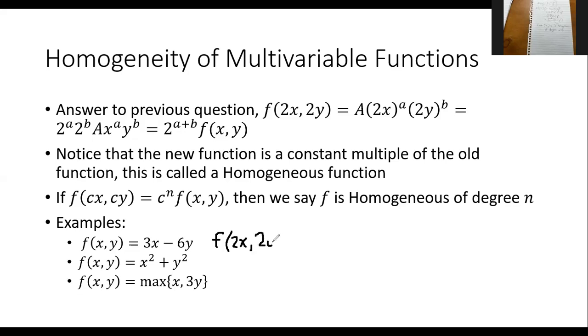What would I get? 3 times 2x, I'm going to skip that and just write 6x minus 6 times 2y, which is minus 12y. Which, if you noticed, is exactly double the original. This expression here is exactly double this expression here. Therefore, it's a homogeneous equation of degree 1, HD1. Okay?